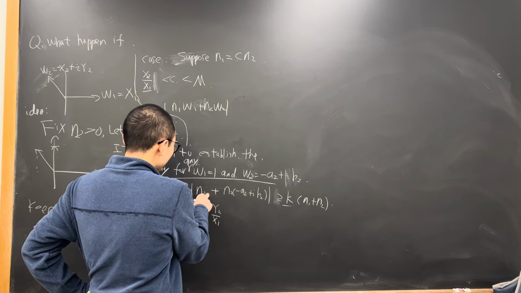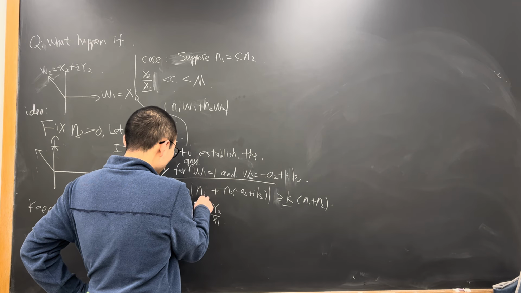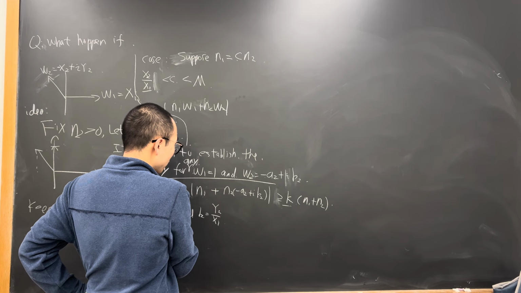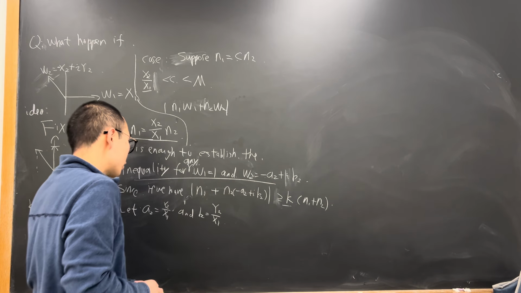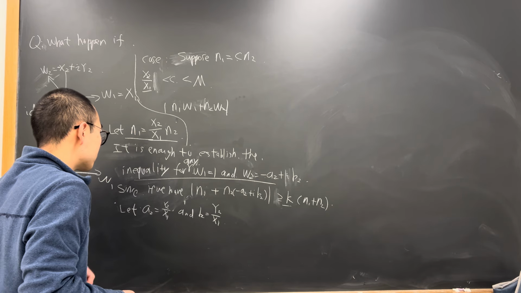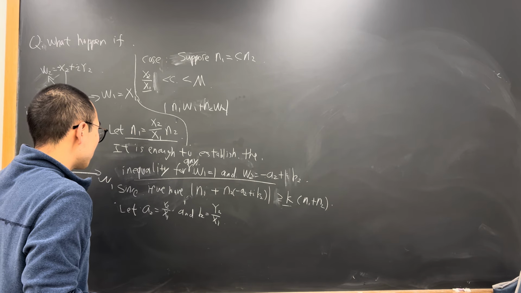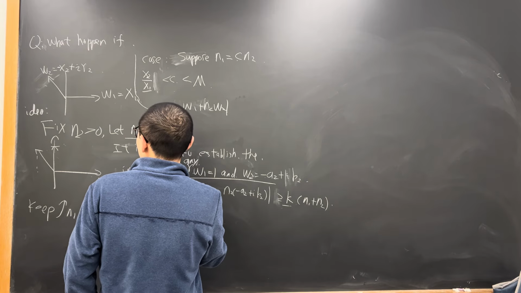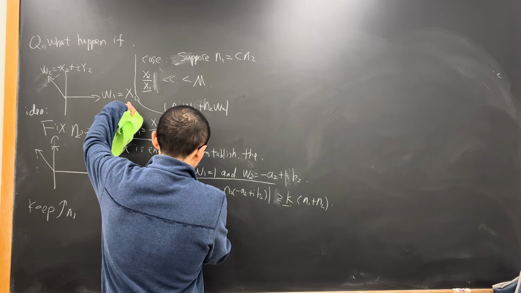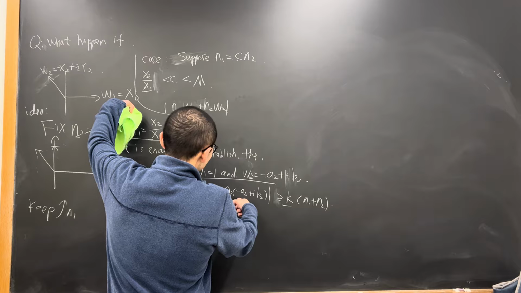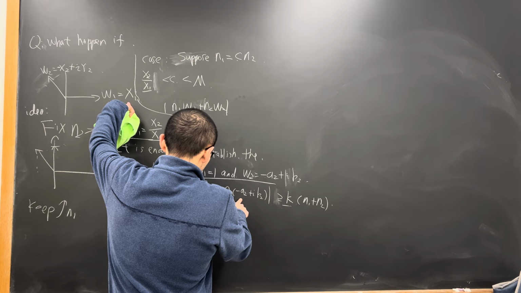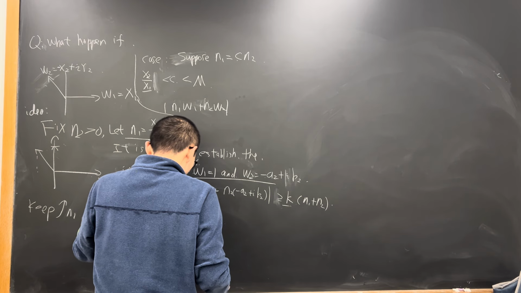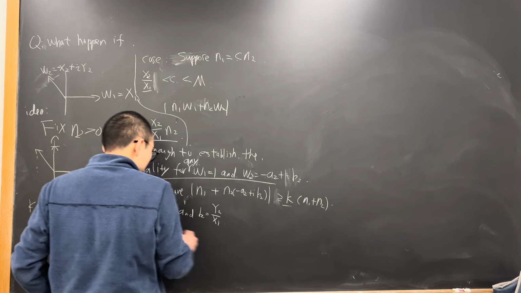The left hand side, multiplying x1 inside, the inequality will also hold. This becomes n1 x1, which is exactly the omega 1, and this becomes exactly the omega 2 in our general case.